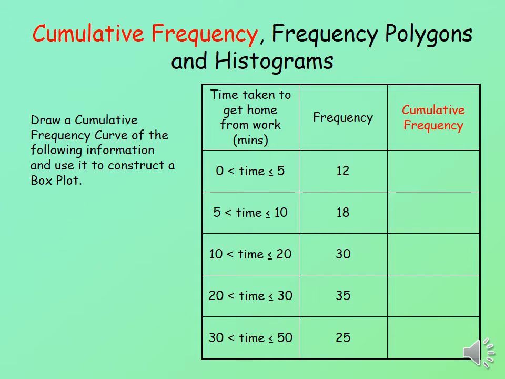Okay, 1, 2, 3, 4, 5. So this is merely an addition of each of the numbers. Here we only have 12, and we can add 18 to that to get 38, and so on. Okay, so the cumulative frequency is 120. In other words, there are 120 altogether.